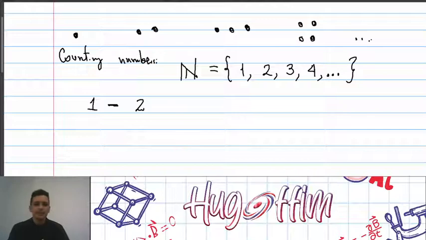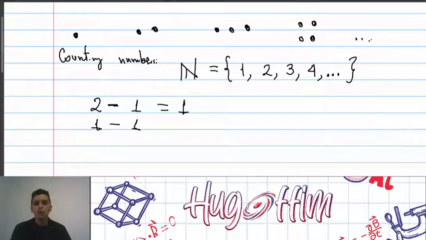If you subtract two counting numbers and one is greater than the other, you can have an answer in the natural numbers set. But what happens if you subtract two equal numbers? We don't have an answer in the natural number set because we have to include the zero. And that is when we have the whole numbers.